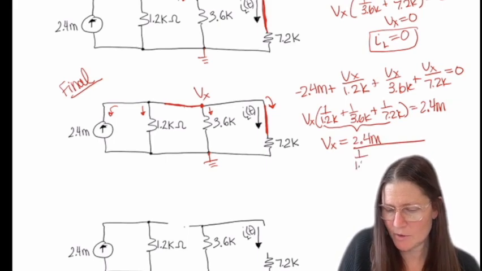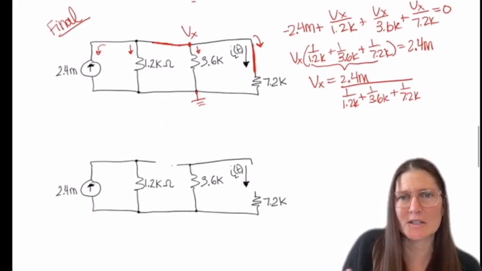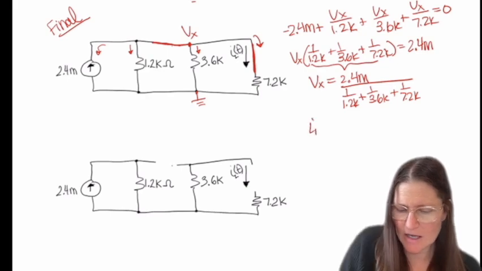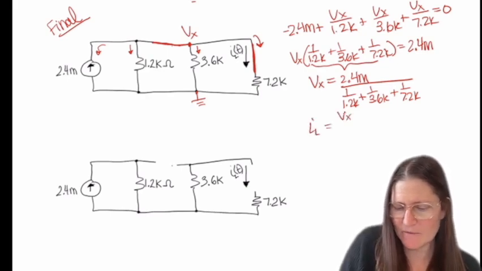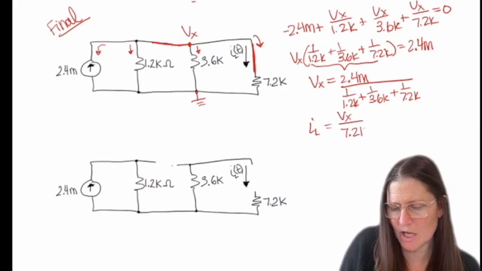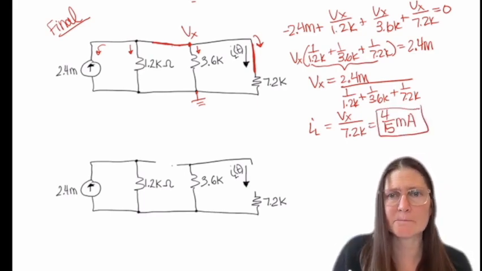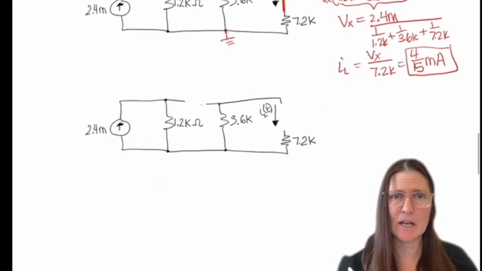Or I can find a common denominator on this one, but I think it would be easier just to put that into my calculator. Then IL in this case is just Vx over 7.2k, and that ends up being 4 over 15 milliamps. This will be my final value, 4 over 15 milliamps.